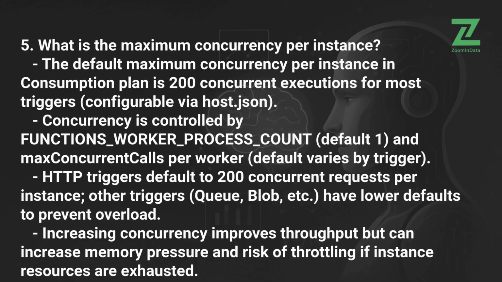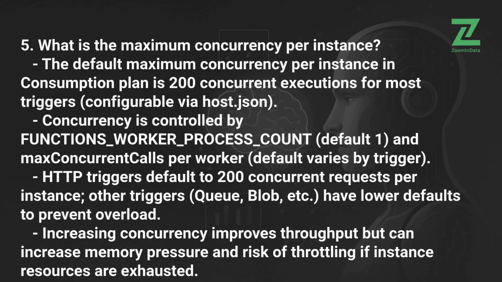5. What is the maximum concurrency per instance? The default maximum concurrency per instance in consumption plan is 200 concurrent executions for most triggers, configurable via host.json. Concurrency is controlled by FUNCTIONS_WORKER_PROCESS_COUNT, default 1, and max concurrent calls per worker, default varies by trigger.